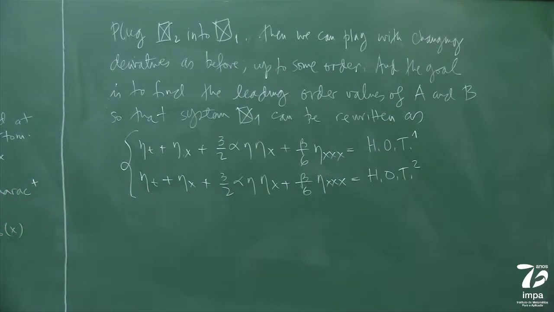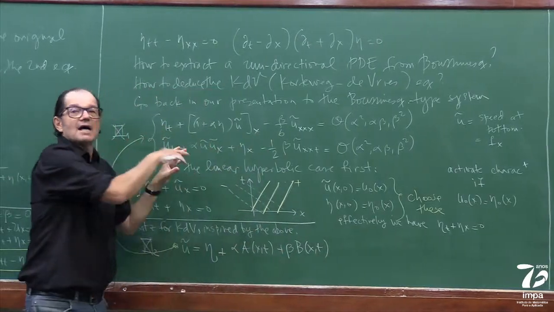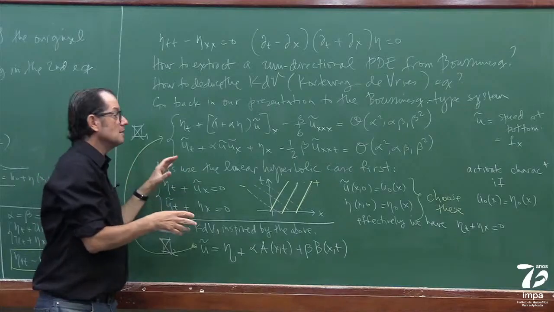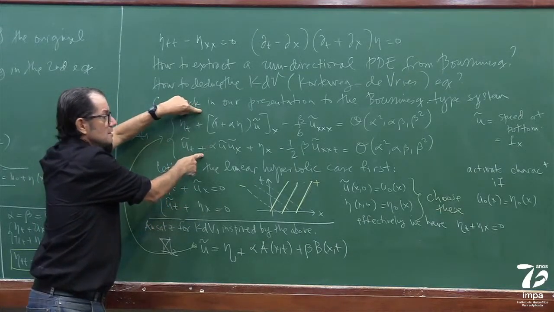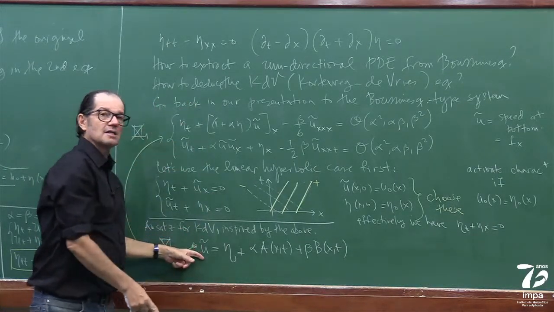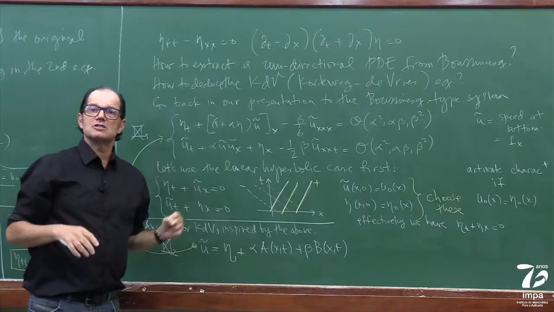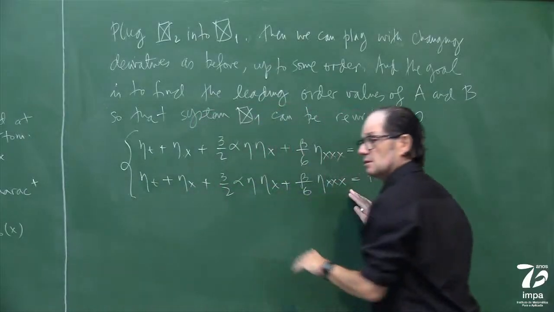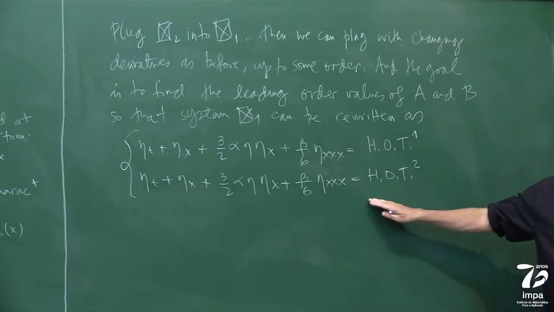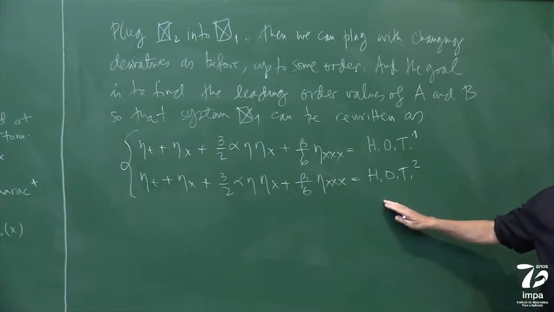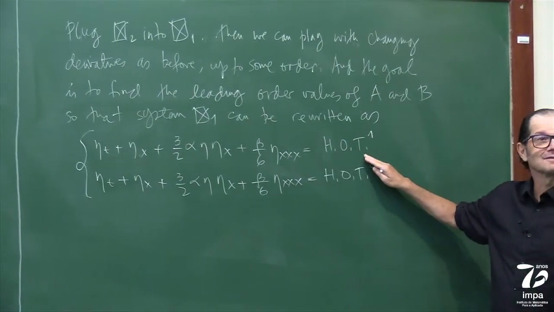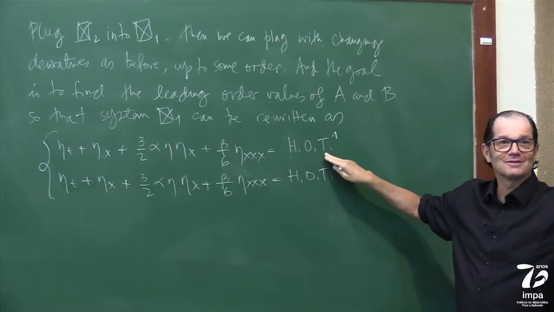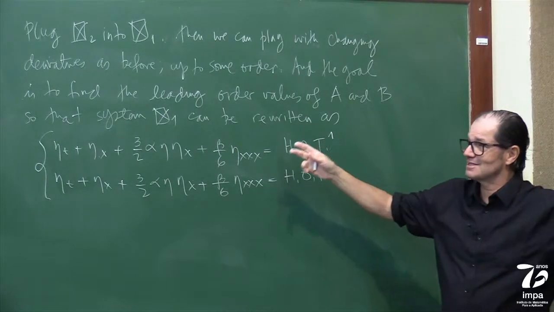Things will change. And then you're going to play with these guys. You're going to find conditions for the a's and b's to leading order. And at the end, you will transform this equation with this ansatz, and with these manipulations, we're going to transform this system into this one, which, just out of fun, let me ask you, do you know what HOT means? Very good. Higher order terms, right? Which is the same thing as this.